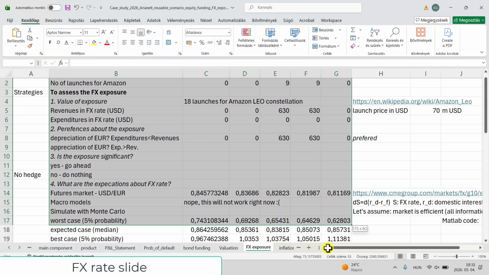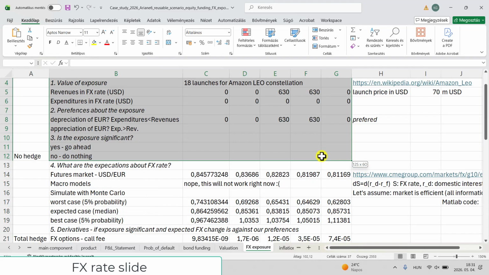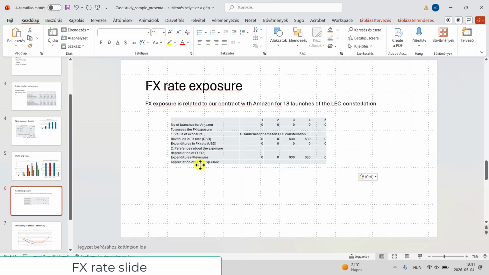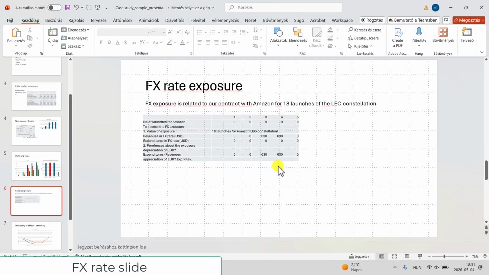But otherwise we can copy things here. Again, your presentation can be much nicer, just this one is ugly.